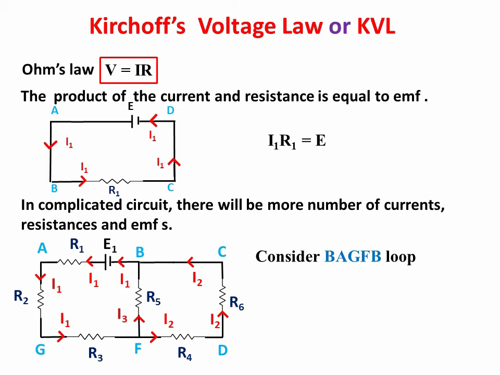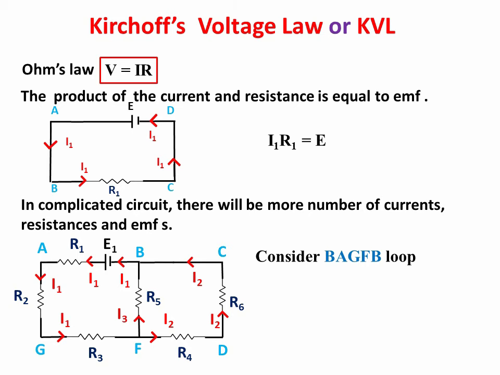What is the B, A branch? What is the current name? I1. What is the resistance name? R1. So, I1 R1, then the branch A to G is I1 R2. In branch G to F, I1 into R3, the product of current and resistance.